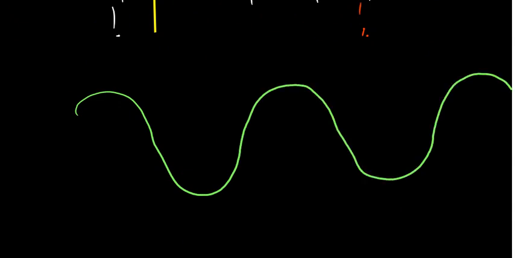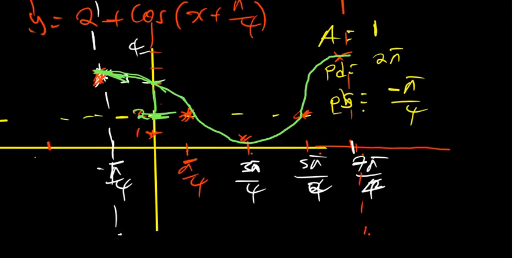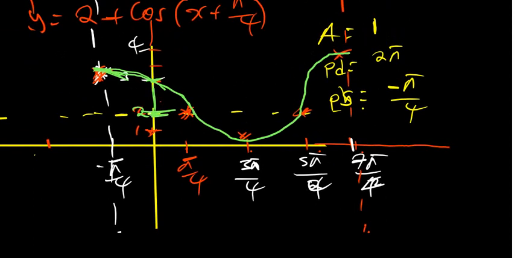You start from there, it goes there, just like this, until you end. It doesn't really matter. Is that 3 pi over 4? Where is it? Here, it's supposed to end.